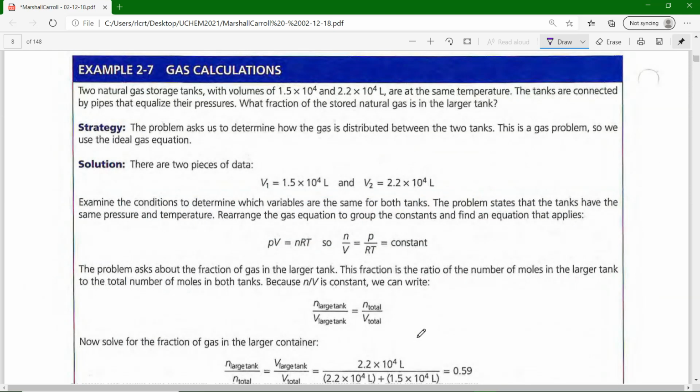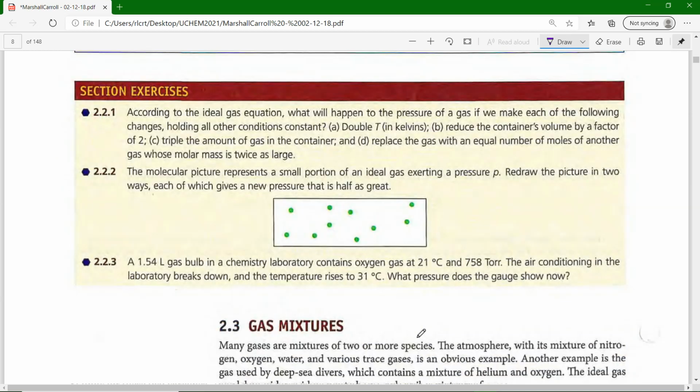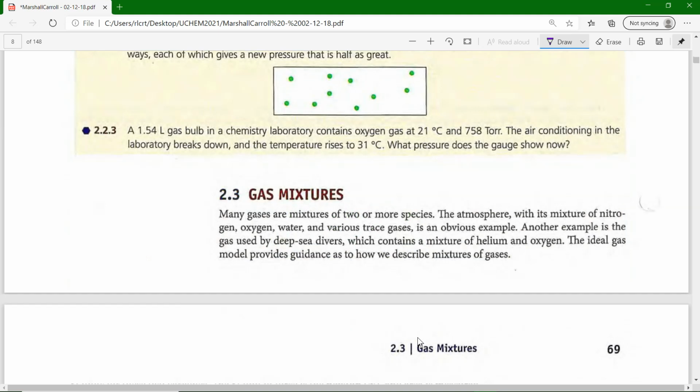Example 2.7, I never liked that example, so I'm going to leave that one out. Let's try 2.2.3 for fun. This is a section exercise question.